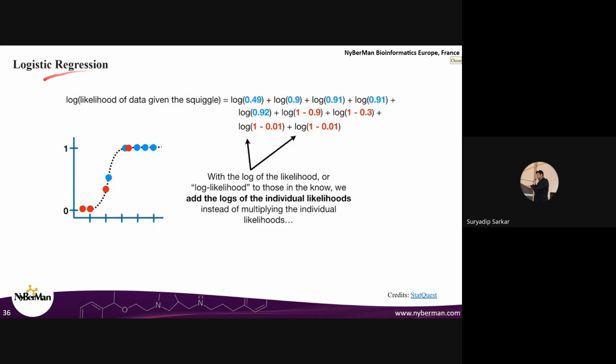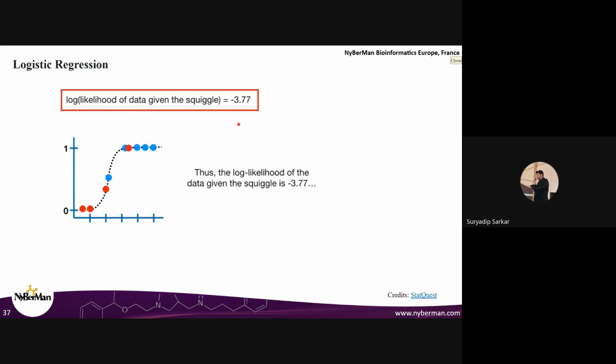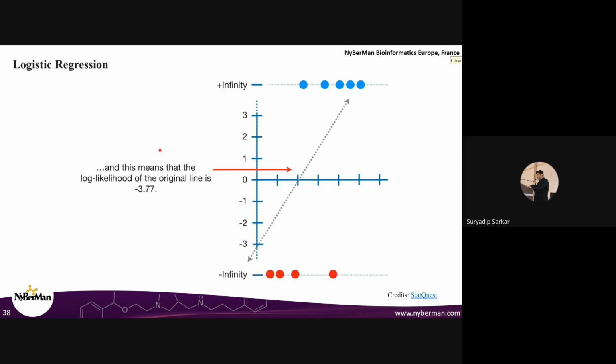I can very easily calculate this, and if you go ahead and calculate it, you can as well. The answer is going to be somewhere around minus 3.77. So for this particular squiggle, which came from this particular straight line, we got a log likelihood of minus 3.77.